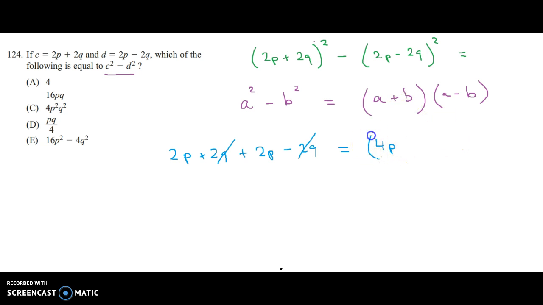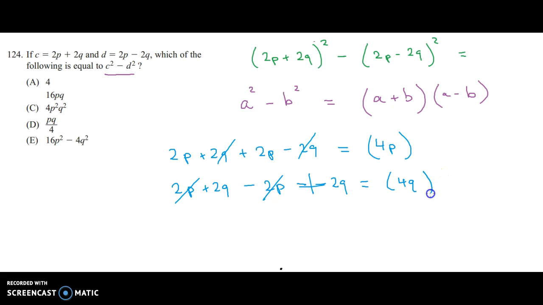And using the same logic for the second term, if we're subtracting these, that gets us 2p plus 2q minus all of this, so minus 2p minus negative 2q. But remember, a double negative just becomes a positive. So the p's cancel out, and we have 2q plus 2q, that's going to be equal to 4q.